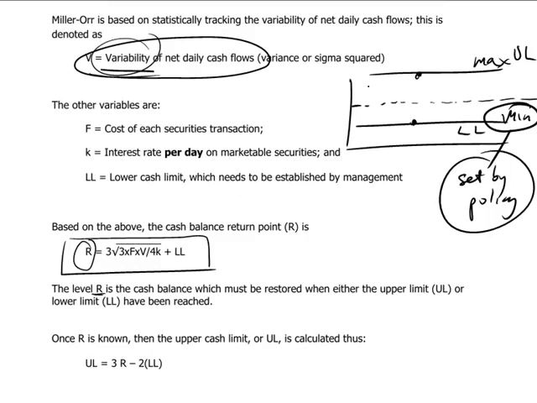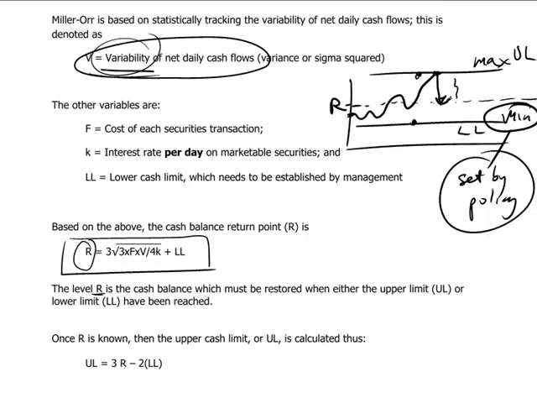So let's just look at this in a dynamic way. If our cash position starts here and starts to fluctuate up and down, if it reaches the upper limit, then it has to be adjusted down to the R level. That means that if we have too much cash and we've reached the upper limit, we have to remove this amount of cash and invest it in securities so as to return to R, the point of return.